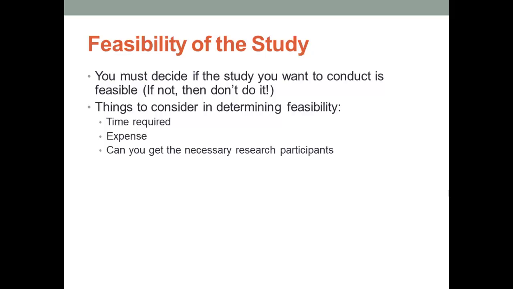For example, interviewing all children with ADHD in your state probably would not be feasible for a single research study. However, interviewing a set of children with ADHD at your school would be more feasible. Further, part of determining feasibility involves ensuring that the study can be carried out ethically. The Institutional Review Board, or IRB, process will help you with this decision.